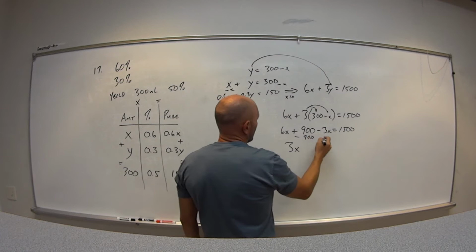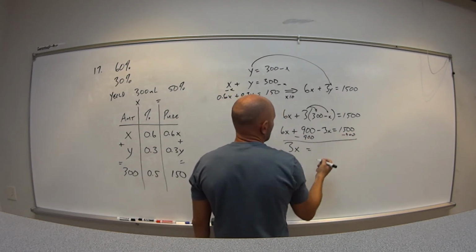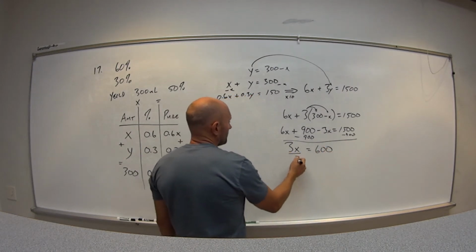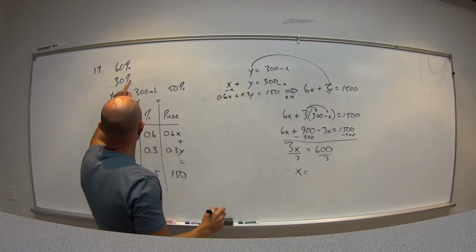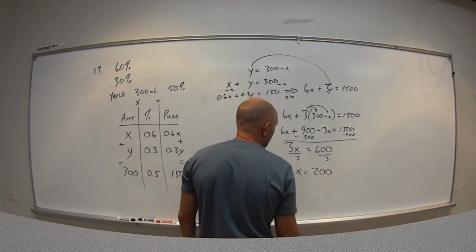If I subtract 900 from both sides, 1500 minus 900 is 600. So divide by 3 tells me that x, the amount of 60% solution, is equal to 200 milliliters.